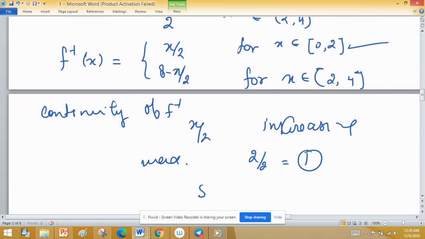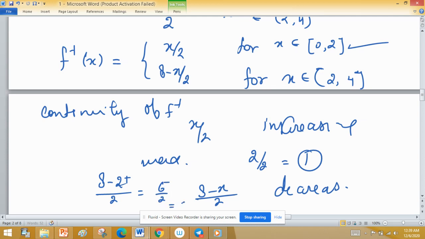Now 8 minus x by 2 is decreasing, and it will give its max value near 2. 8 minus 2 positive, divided by 2, is 6 by 2, so it is slightly less than 3, approximately 3.